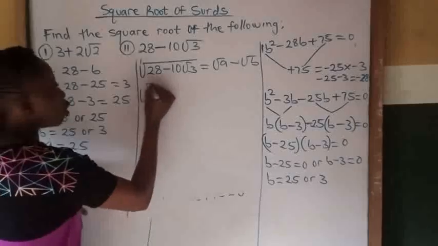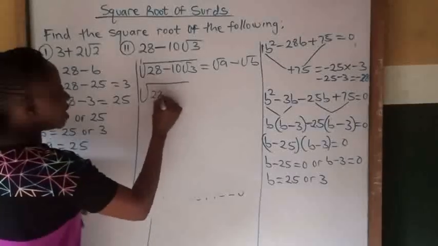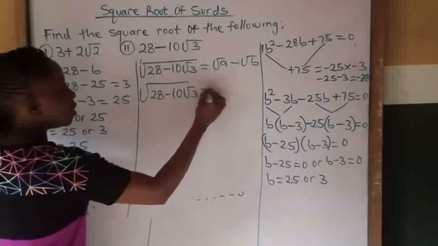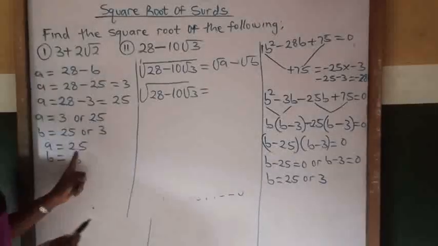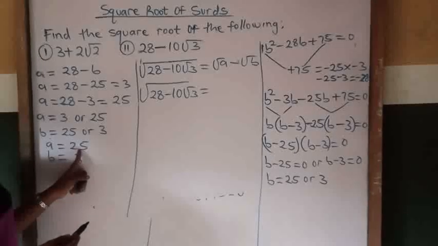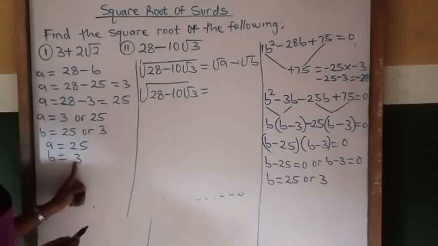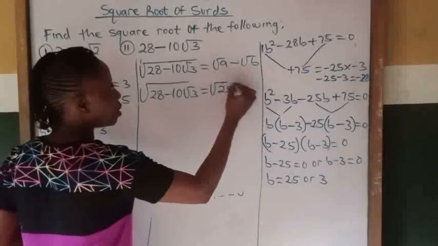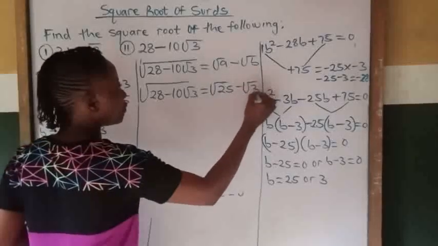What is the value of a now? Our a equals 25 and our b is equal to 3. So the square root of 25 minus the square root of 3.